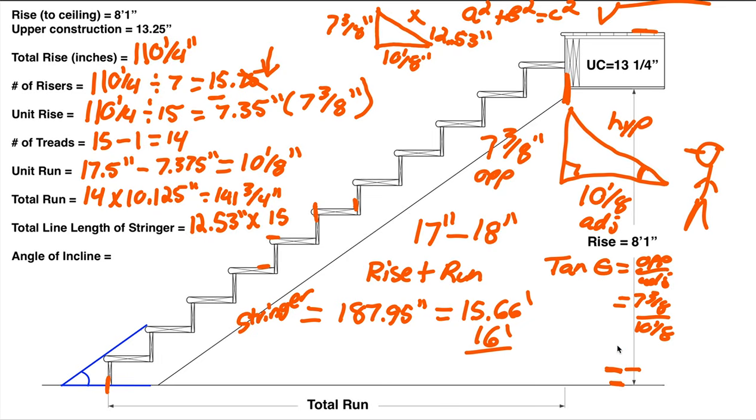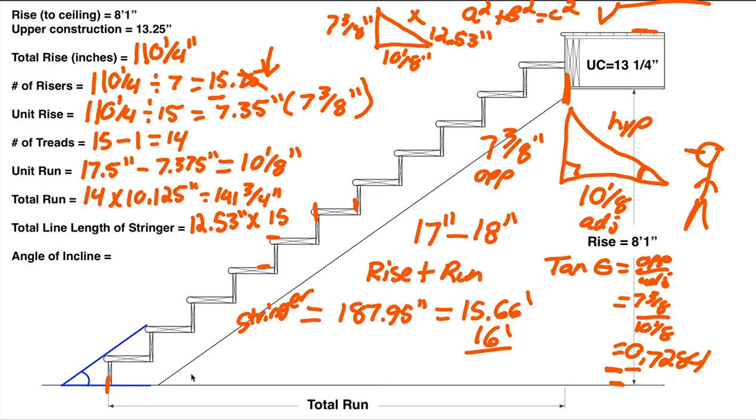So if you go 7.375 divided by 10 1/8, which is 10.125, you're going to get a decimal, 0.7284, let's say. There's a bunch of decimals there.